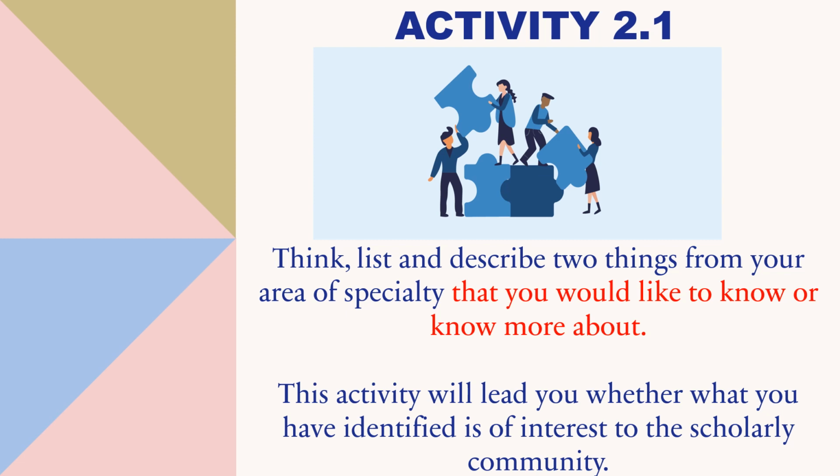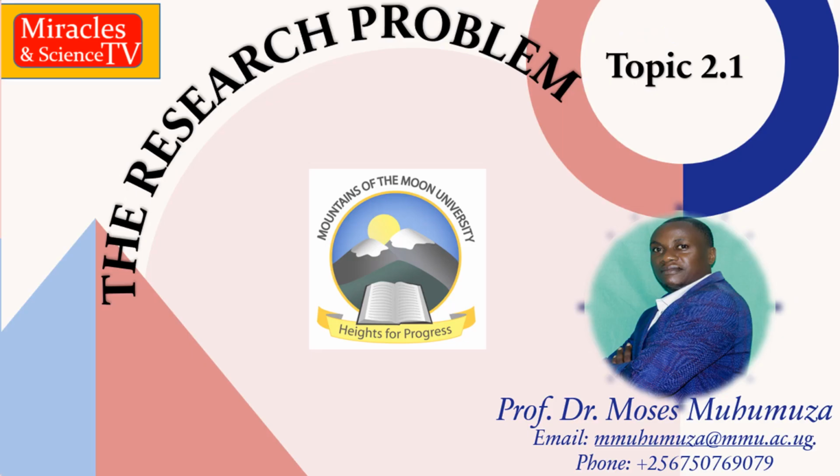And it is important to take time, think through that, so that when we look at topic 2.2, you can improve what you have thought about in the context of interest to the scholarly community. So this is the end of topic 2.1. See you in topic 2.2.